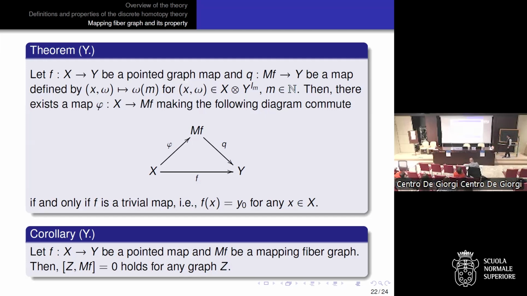But I think that being a graph map is a kind of strict, strong condition. So this is one piece of circumstantial evidence why we have to use not the naive discrete homotopy, which is a quotient category of graphs by A homotopy, but weak A homotopy.